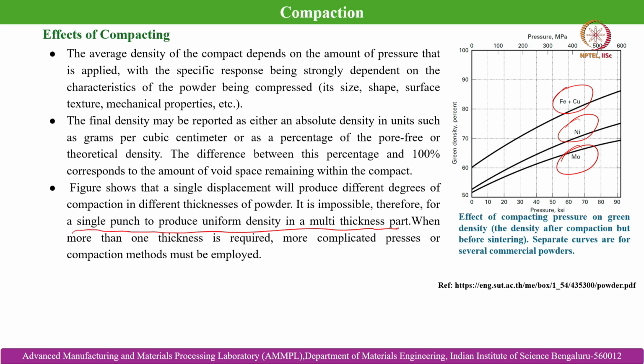That is why I told you that the requirement of the number of punches depends on the different geometries, different cross sectional thicknesses present in the part which is being manufactured by the powder metallurgical route. So, when more than one thickness is required, more complicated presses or compaction techniques must be employed.